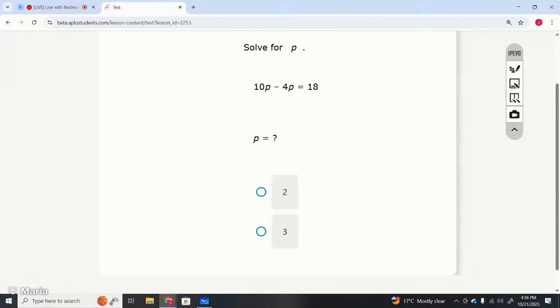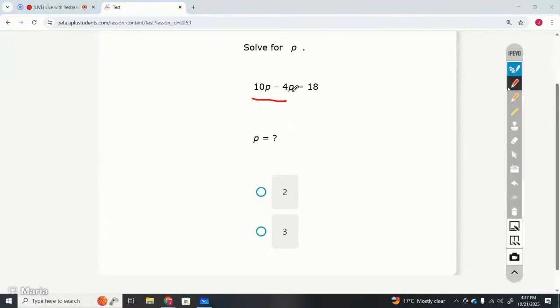Solve for p. 10p minus 4p equals 18. So 4p and 10p are the like terms because they have the same variable, right?